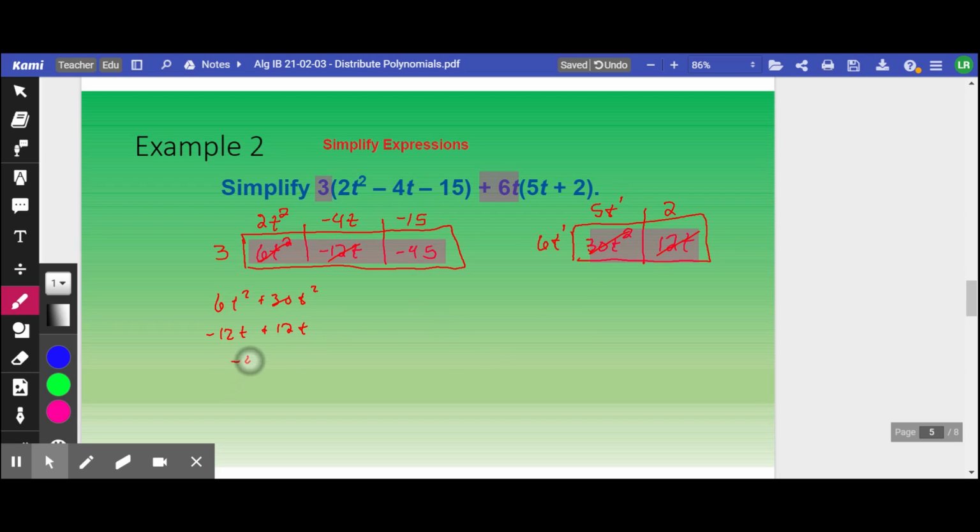And then we have the negative 45. So we put these together, you would get 36. Remember, we're adding. You don't mess with the exponents when you add. 36t squared. Negative 12t plus 12t is 0, so that's just gone. Then we have minus 45. That would be my final answer. So there's multiple steps to it. Just be careful that you are doing your individual distributive properties correctly.